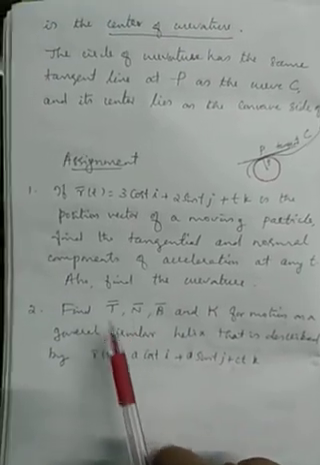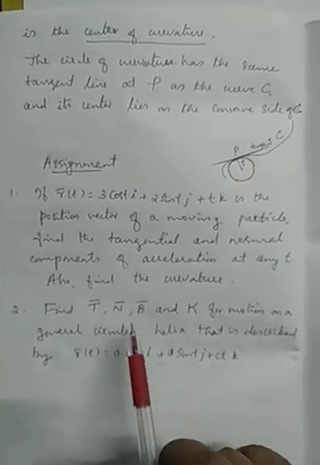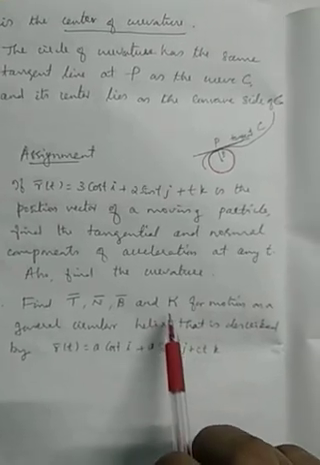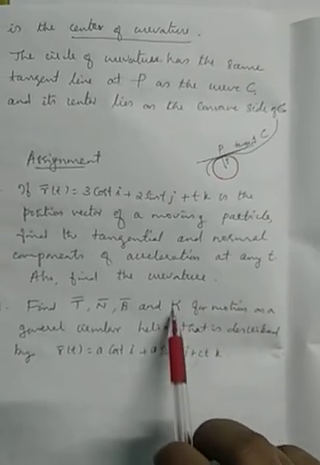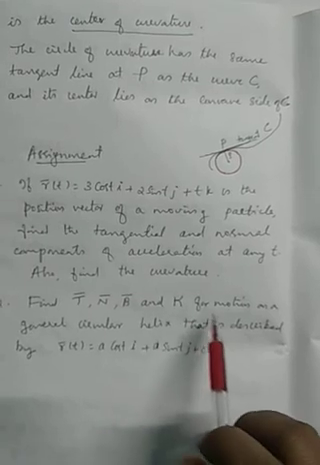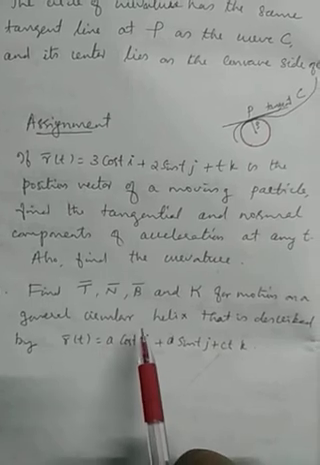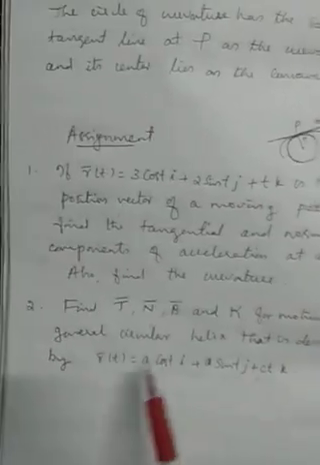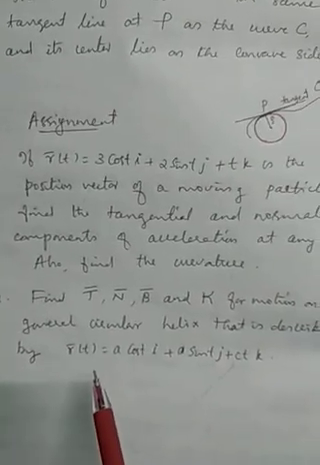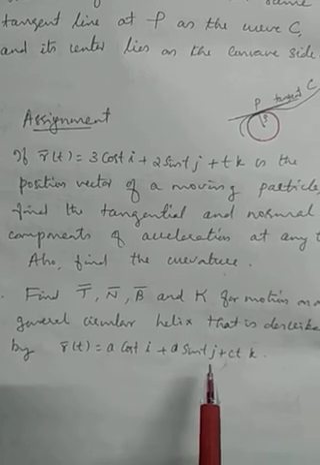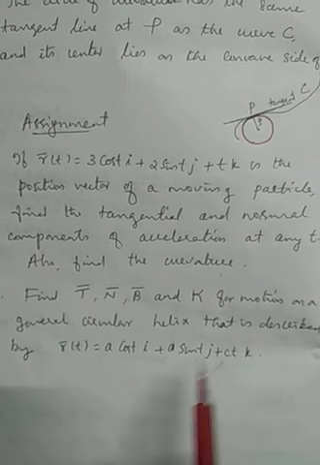And the second one, find vector T, vector N and vector B and kappa. Kappa is the curvature for motion on a general circular helix that is described by r of t is equal to a cos t i plus a sin t j plus c t k.